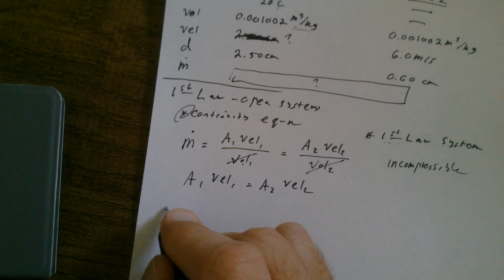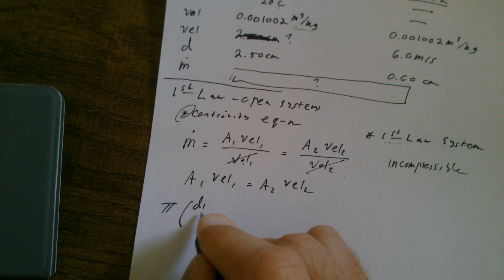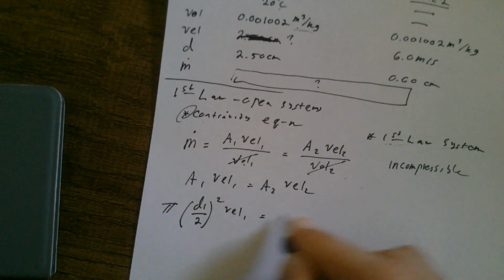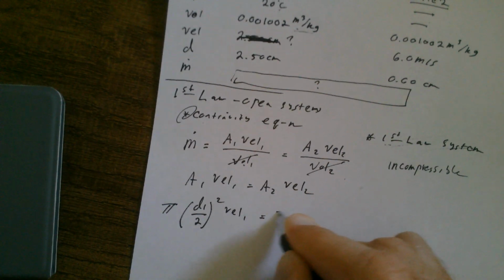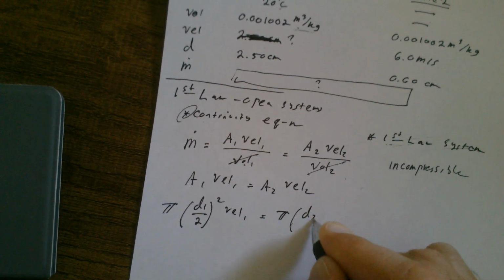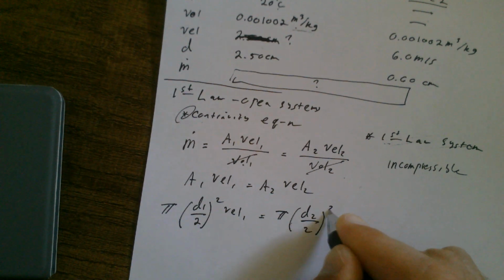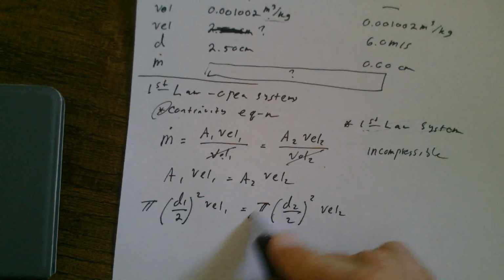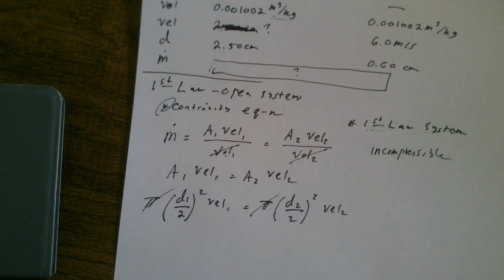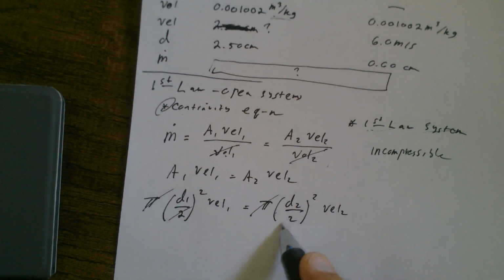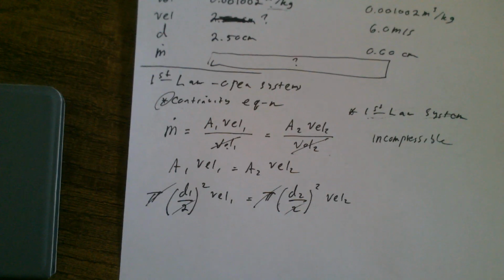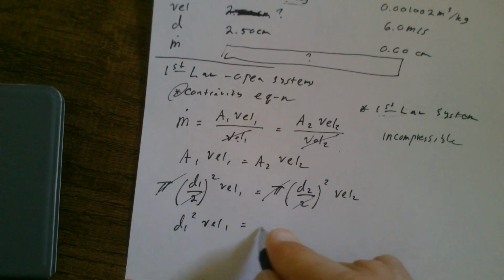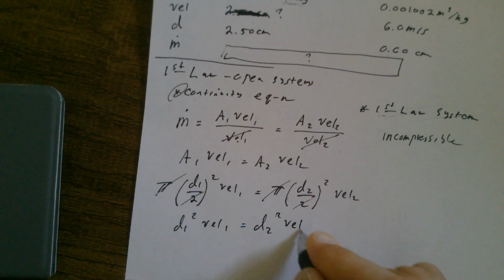So I have pi d1 over 2 squared vel1 is equal to pi d2 over 2 squared vel2. Pi's go away. Quite frankly, the 2's go away, or the 4's. So I really get d1 squared vel1 is equal to d2 squared vel2.